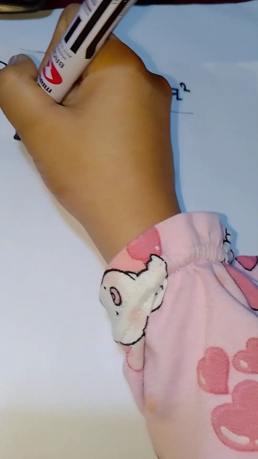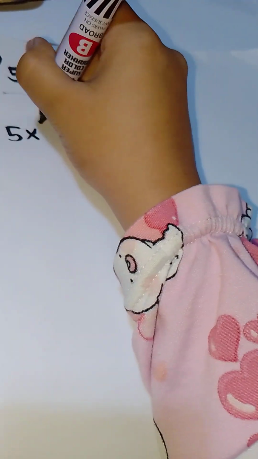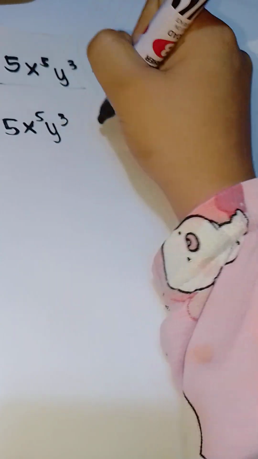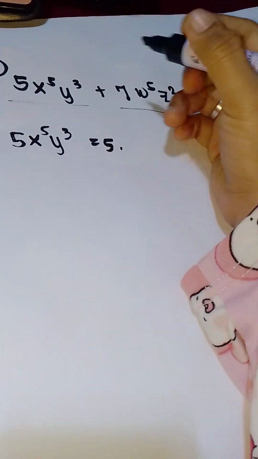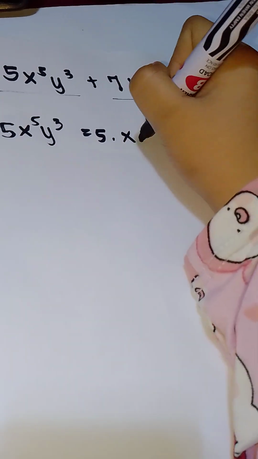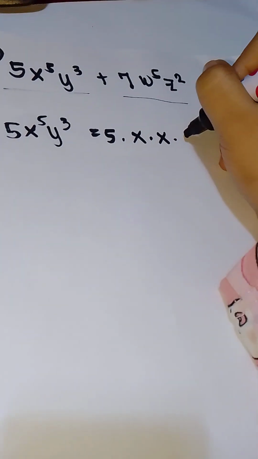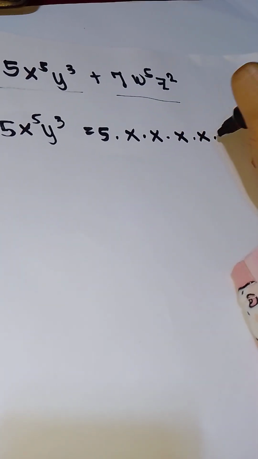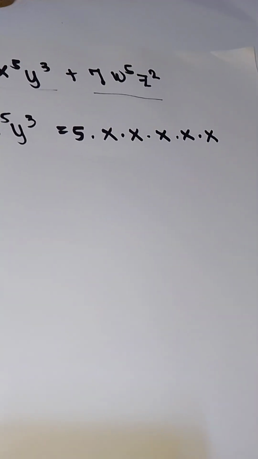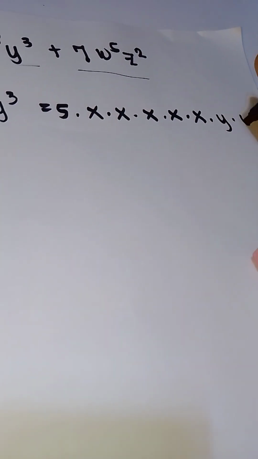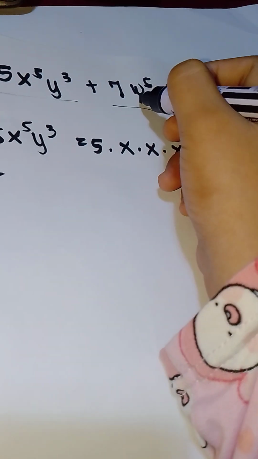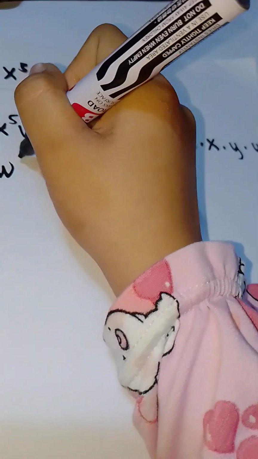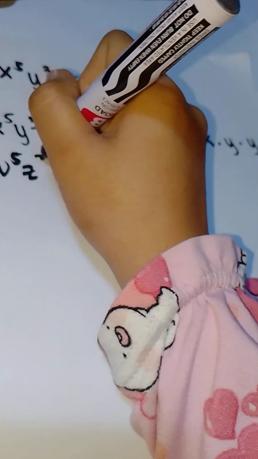Separately, we're going to expand to the prime factors. Since 5 is already a prime number, you can have 5 times its variables. So we have 5 times x raised to the power of 5, so we'll put x 5 times and y 3 times. Next is the second term, which is 7w^5z squared.